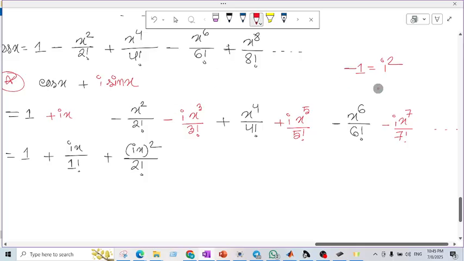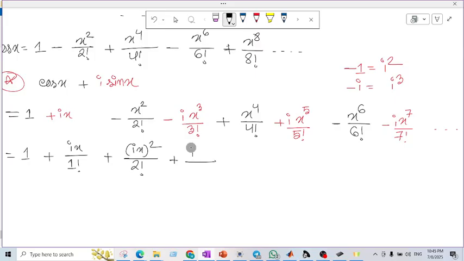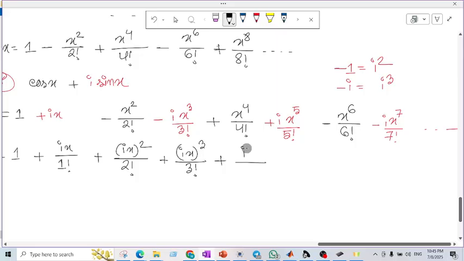Then this is minus i. So what is actually minus i? Can I write i cubed is equal to minus i? Yes, I can write this. So I can write here ix cubed over 3 factorial, because i cubed is equal to minus i. Then what is the value of i to the power 4? This is simply equal to 1, right?